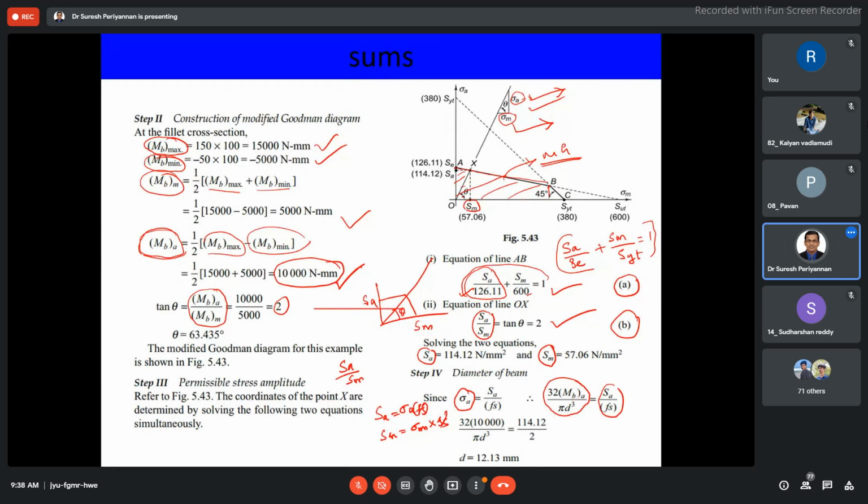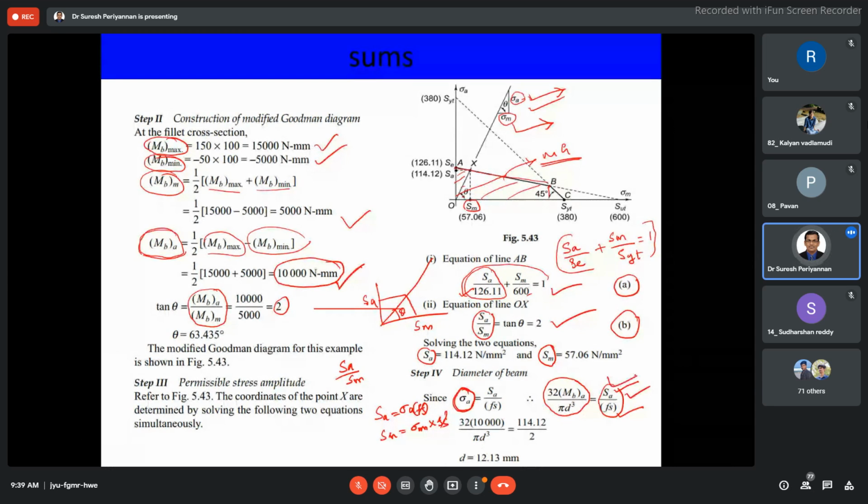Finally, I can find it out. We know SA divided by Fs is our sigma A, but directly we don't know sigma A. Our aim is to find out the diameter of the shaft. Hence, I'm introducing sigma A in terms of bending moment, which must be on the right hand side.